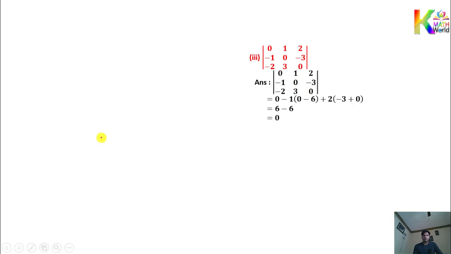Then what is left? Minus 1, minus 3, then minus 2 and 0. So what is the answer of this? Minus 1 as it is outside, then 0 minus the product of these two. The product of minus and minus is plus. So 3 2s are 6. So you get this one.